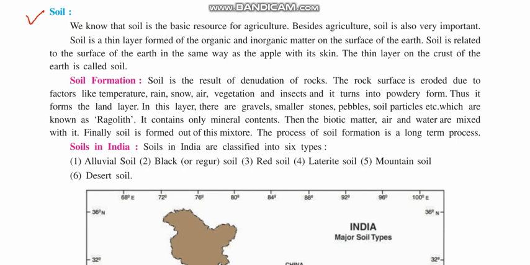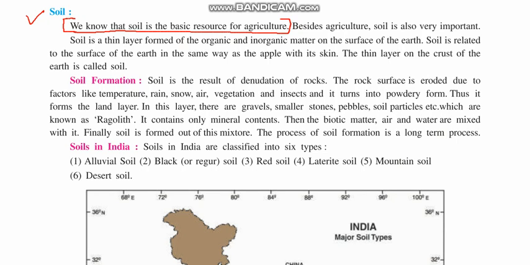Soil. We know that soil is the basic resource of agriculture. Whenever we talk about soil, what comes to your mind? In Gujarati, we say mati. Now you might have seen soil is different in different places.